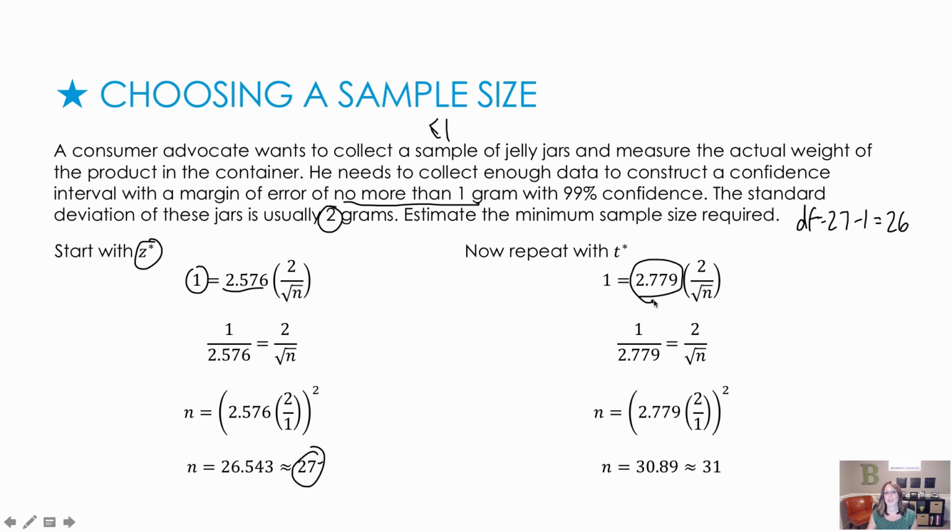And that's how I found this test statistic using my t star. Then I solved again, and I said 31. So I need it to be basically less than or equal to 30.89. So essentially, I would actually say 30, because 30 is less than or equal to 30.89. Typically we would round up, but because this one is sort of a less than question, I would choose that 30.